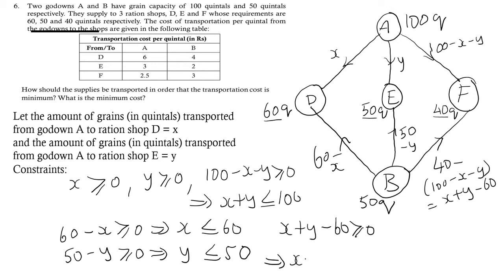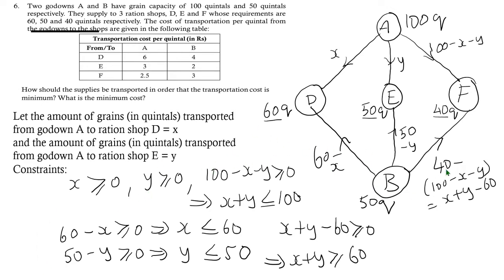This implies x plus y greater than or equal to 60. I hope this is clear. So these are the constraints. That is, all these amounts transported are greater than or equal to 0.